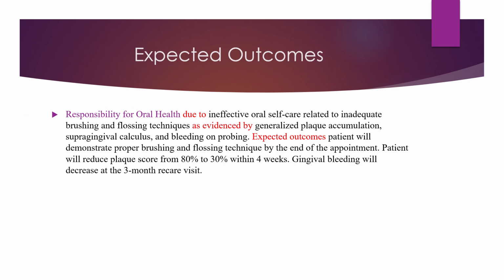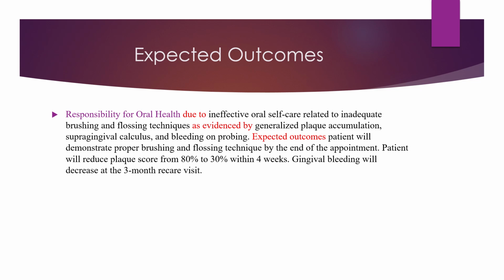Okay, responsibility of oral health. This one is very common that we're going to see. So, responsibility of oral health due to ineffective oral self-care related to inadequate brushing and flossing techniques, as evidenced by generalized plaque accumulation, supragingival calculus, and bleeding on probing.